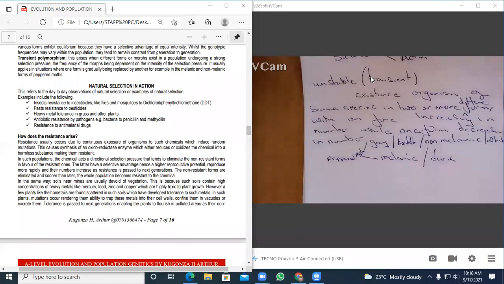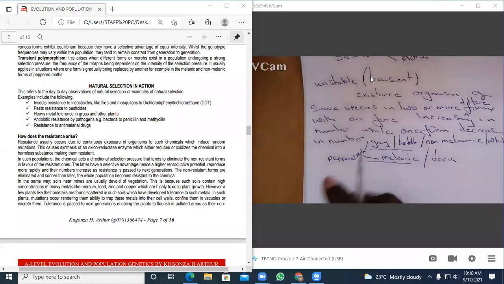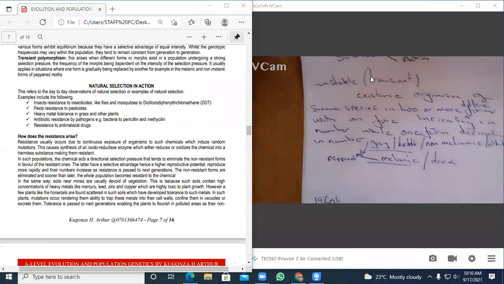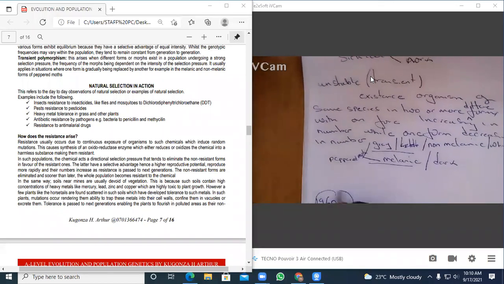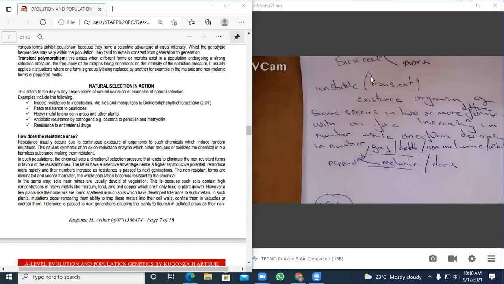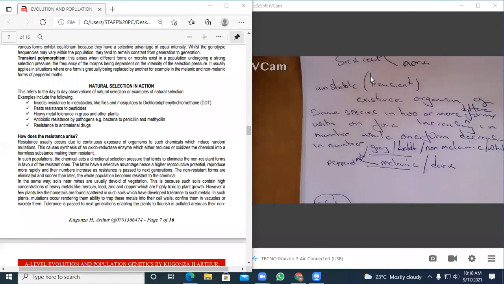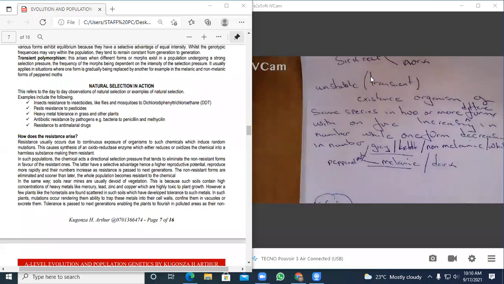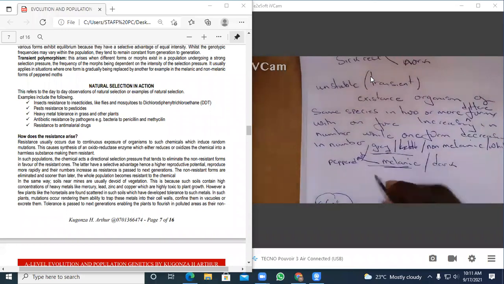In this case, we are going to look at an example which existed in London, in England, in the 1960s. We are going to explain it under industrial melanism. You will find one peppered moth increasing and another decreasing, because one will be more adapted to survive and avoid predators in a population.